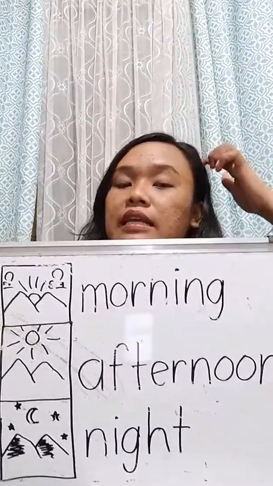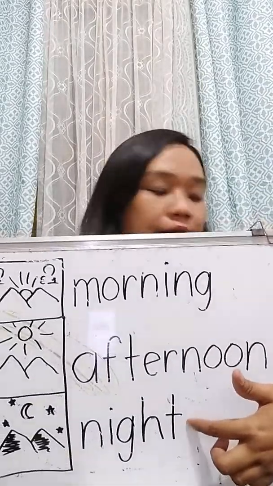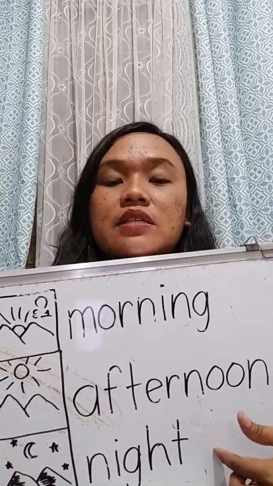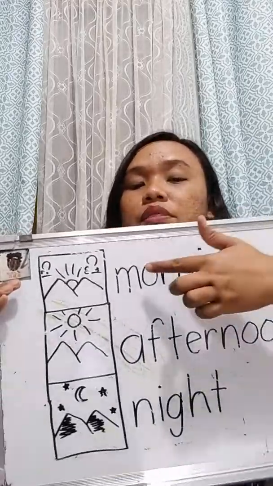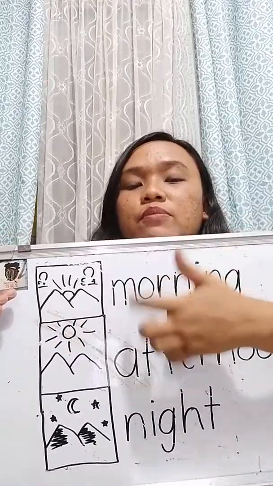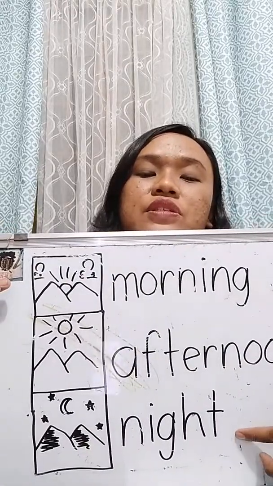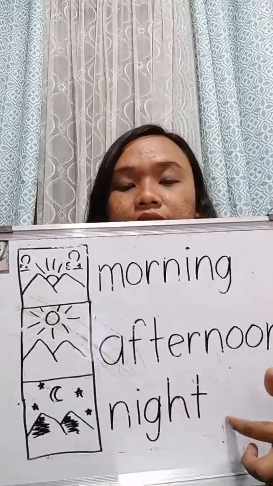Usually, daddies and mommies work in the morning and in the afternoon and they come home at night. Also, it says that Guido can see the moon and the stars in the sky. So these 2 pictures do not have the moon and the stars in the sky except night. So our answer for number 4 is night. Okay? And the last one.